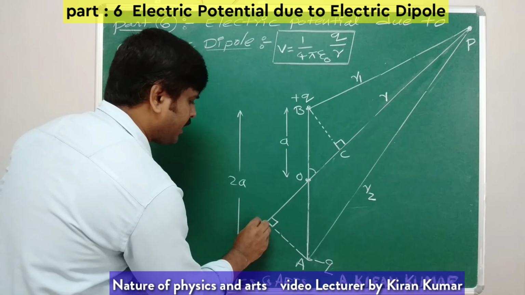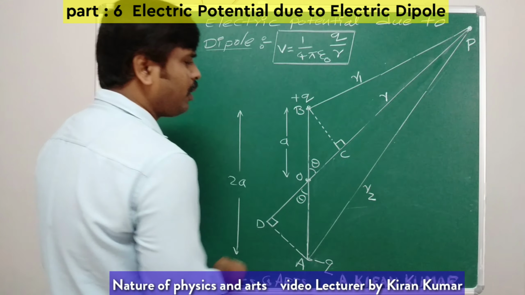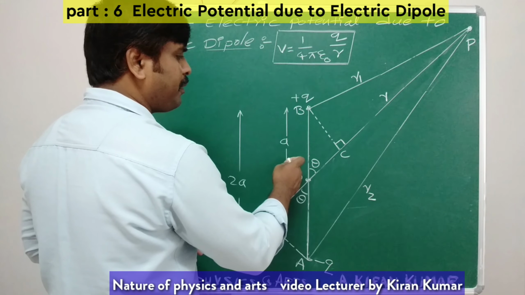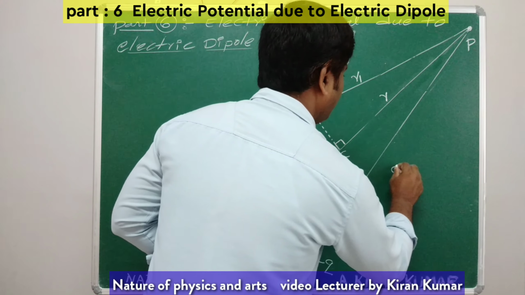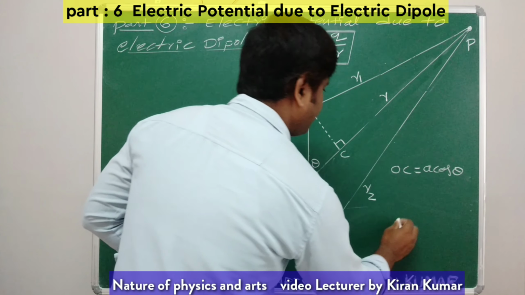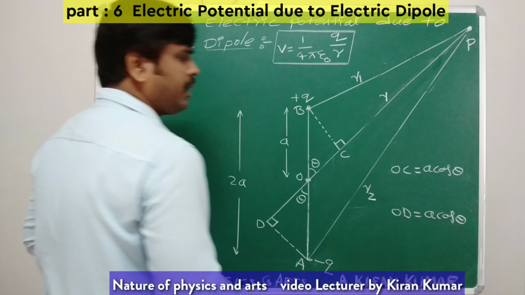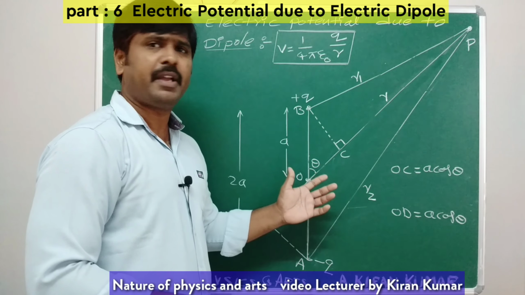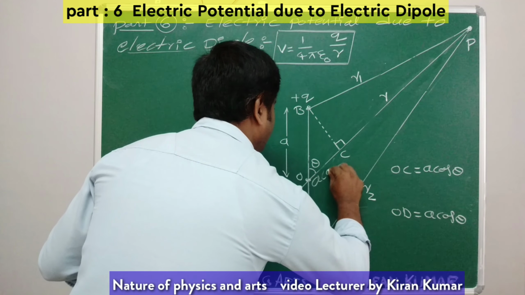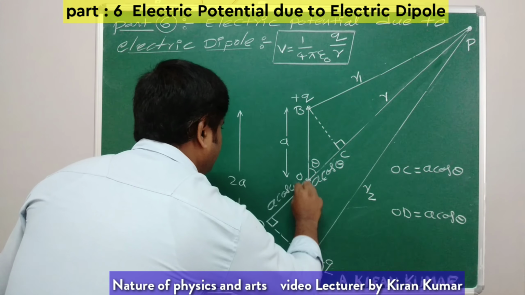This point is taken as D, and theta is the angle here, since opposite angles are the same. From the basic formula, cos theta equals adjacent side by hypotenuse, so OC equals a cos theta, and OD also equals a cos theta. Both are the same, that is a cos theta.